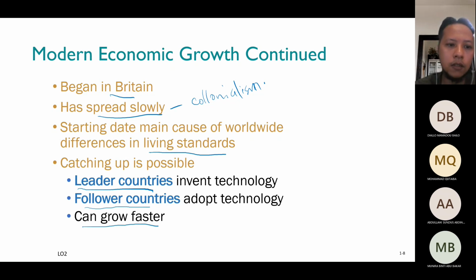And because of that, if you look at the data, the growth rate of developing countries is much higher than developed countries. Okay, because they are trying to catch up the gap between these countries.